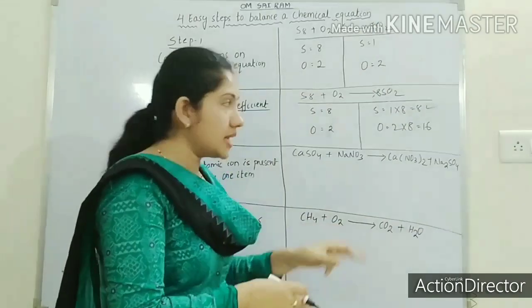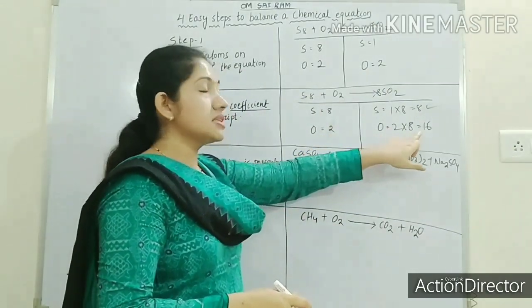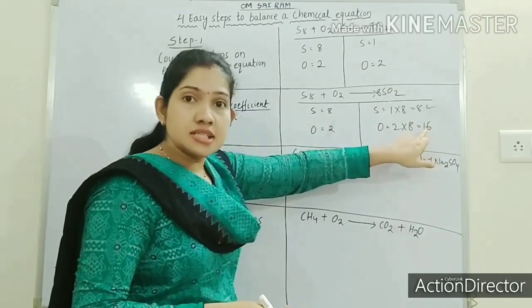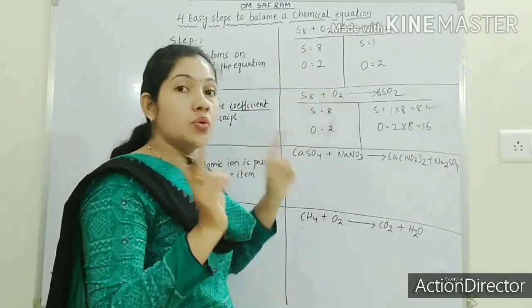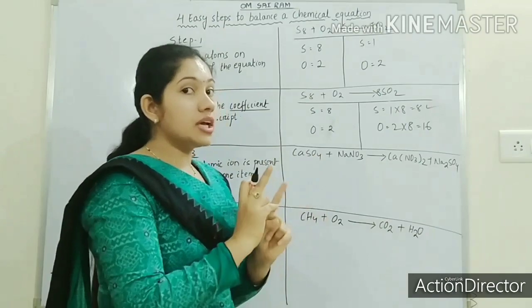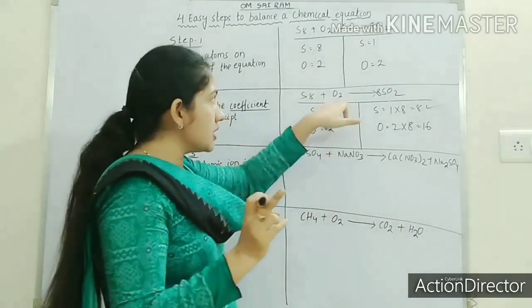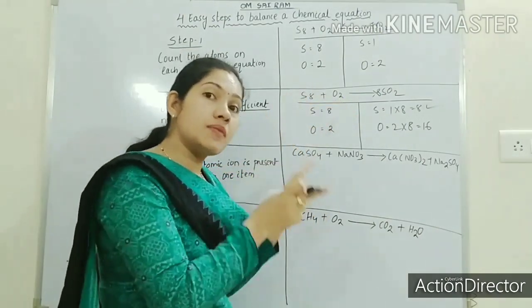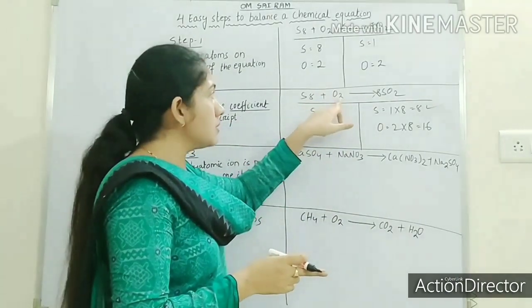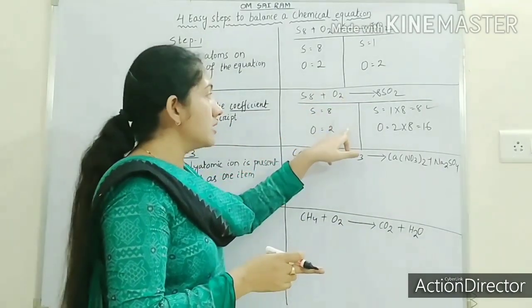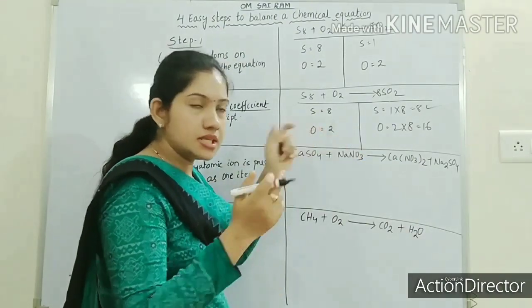So again we have to balance oxygen: this side 2, but this side the number of oxygen is 16. So what can we do here? Again, we can only add the coefficient. We cannot change the subscript. What coefficient will we add here, which multiplied with 2 gives 16? Obviously 8.